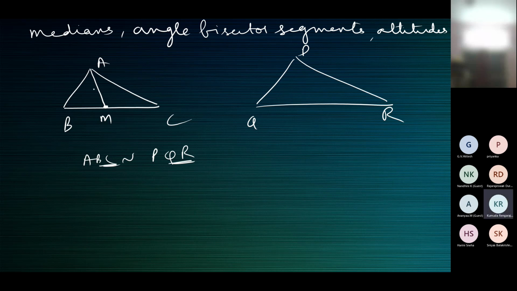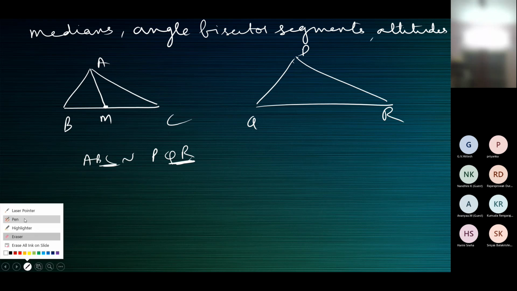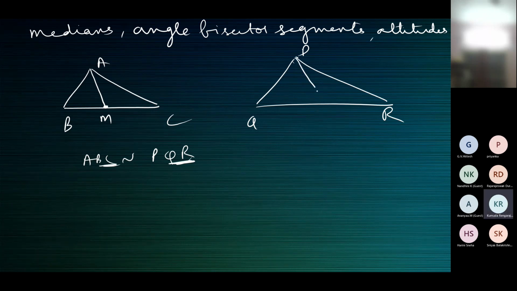So when you take the median AM on BC, here you must take the median on QR, the corresponding side QR. So the median AM corresponds to the median PN because they fall on the corresponding sides BC and QR.